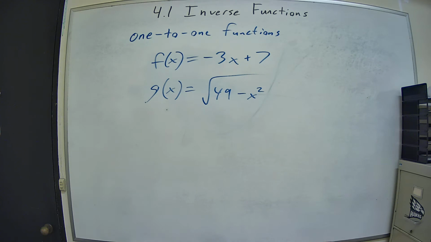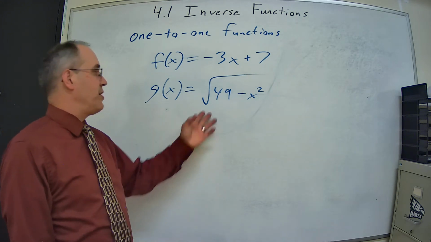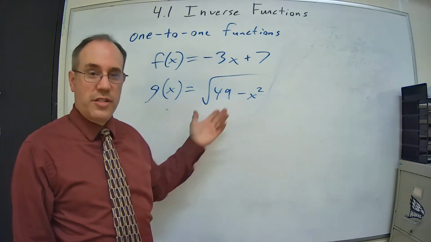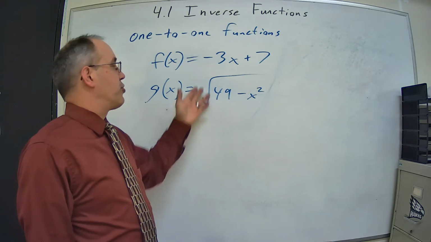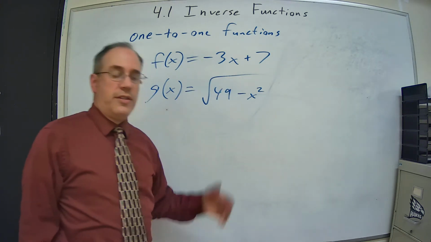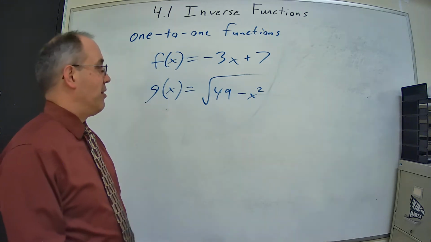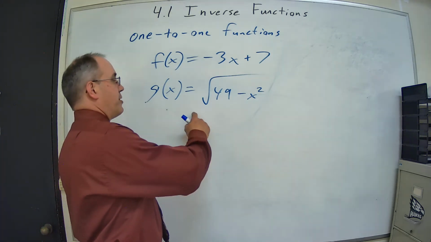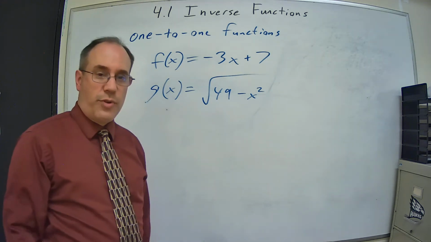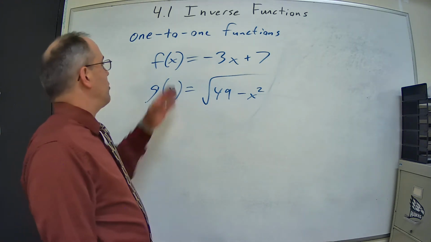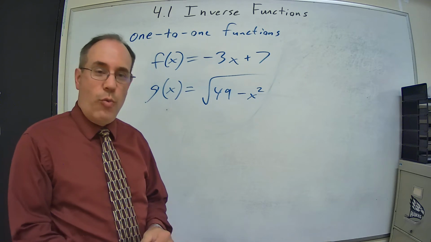Now we're not going to look at restrictions on these right now. Obviously, we know there have to be restrictions on this, because if the square root goes negative, then we can't allow that because this is an imaginary result. So we're going to ignore that right now. We're just going to look at these and say, are they one-to-one or not?